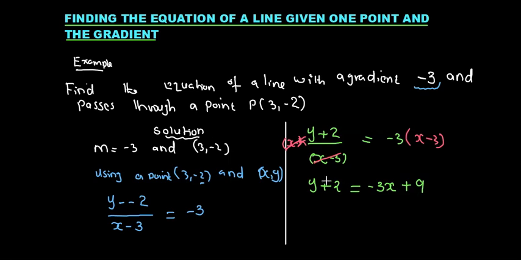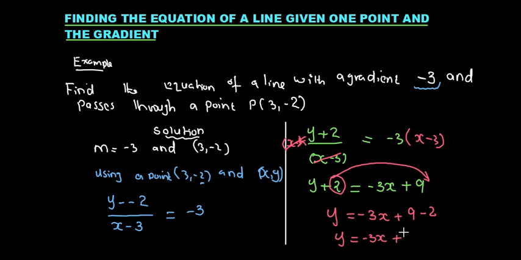Next step is taking this number on the other side of the equal sign, such that we remain with y equals -3x plus 9 minus 2. Because it was positive, it will be negative. Always be careful when you are dealing with numbers and you are taking them on the other side of the equal sign. Y equals -3x plus 7, which is our equation of this straight line.